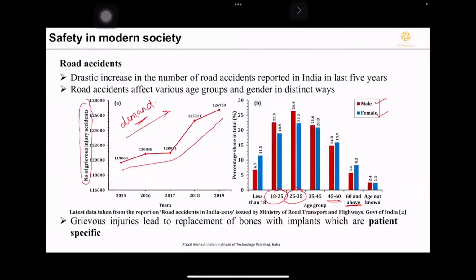Rather, I would say the demand is very much patient specific, gender specific as well as age specific. So you see the complexity for the implant or bioimplant manufacturing industry. This is a broader overview of things panning out in the Indian context.